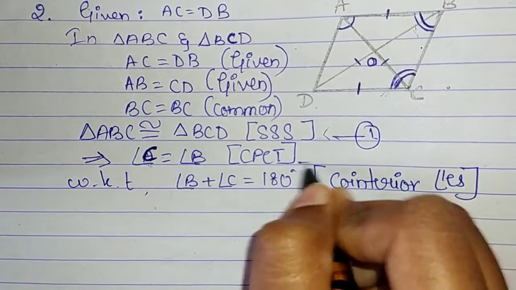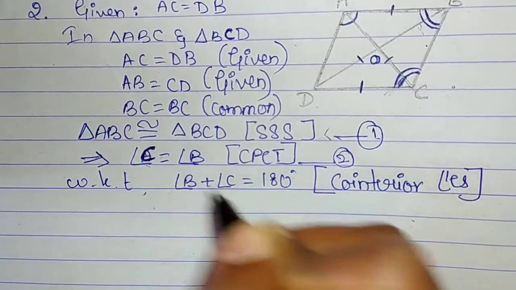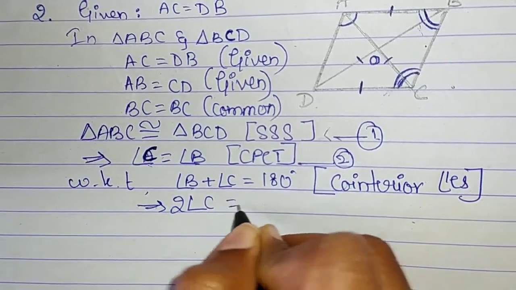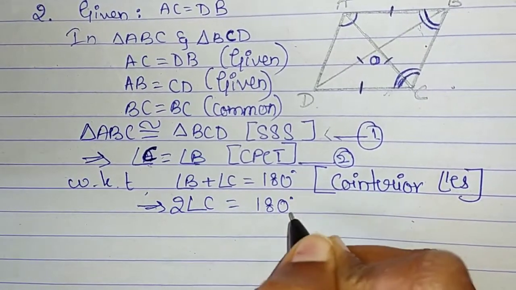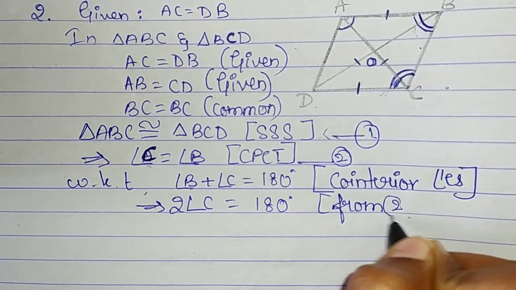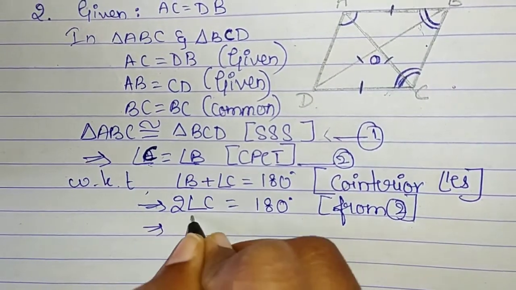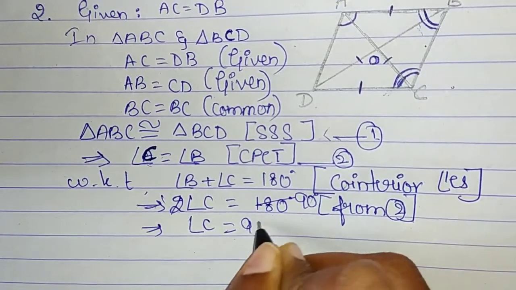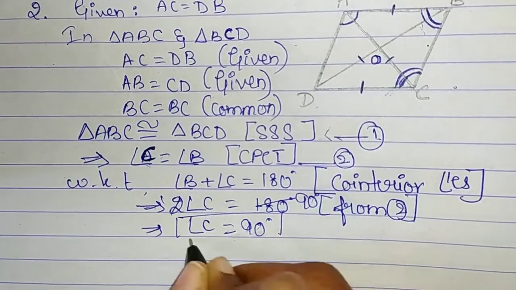But from result 2, we know that angle B is equal to angle C. So this implies 2 angle C is equal to 180 degrees. So this implies angle C is equal to 90 degrees.